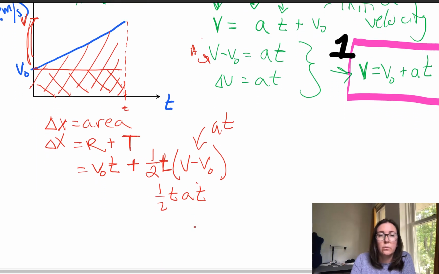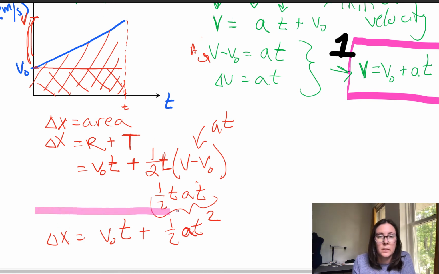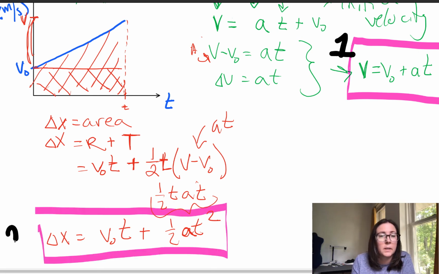Or we could rewrite this term as 1/2 acceleration times t squared. So this change in position becomes our initial velocity times the time plus 1/2 a t squared, where a is the acceleration. Now I'm going to put a box around this. This is going to be our equation 2, our second kinematic equation.